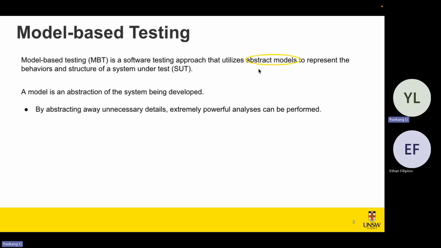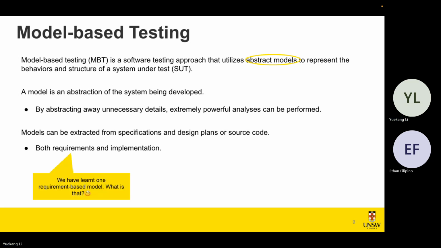And as you can see here, the key for model-based testing is all about the choice of different models, right? And what kind of models we can use? We have many different models. And these models can be extracted either from the requirements or the actual implementation.